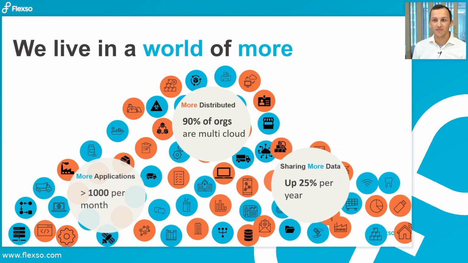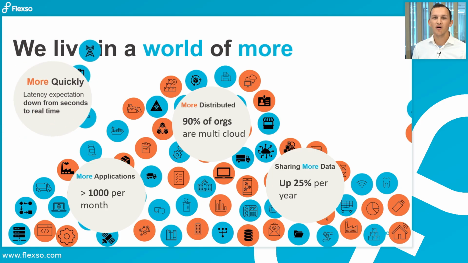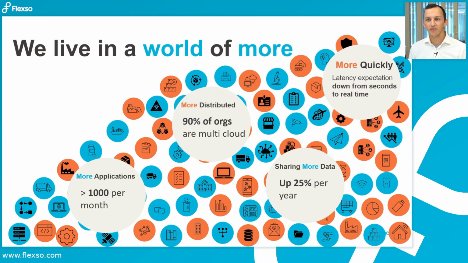More data. In comparison to last year, data transfers are up 25%. And also more quickly. People don't want to wait seconds anymore. They want it real time. If I had even more space on this slide, I would put even more AI agents. But ironically, I don't have more space on the slides.